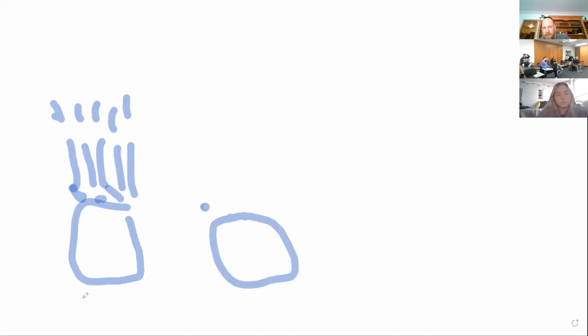So, I've got my rear foot, midfoot, and my toes. But ultimately, as you can see, if my rear foot deviates medially, what this can actually cause is a condition called pronation.